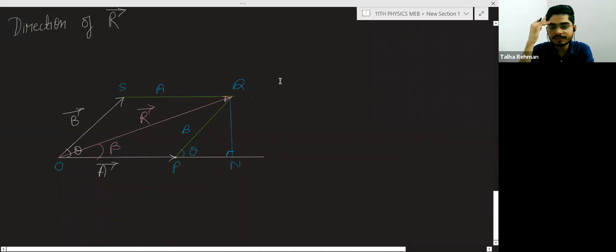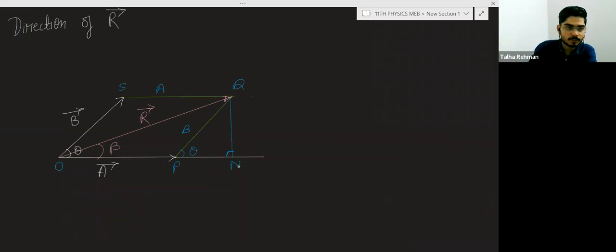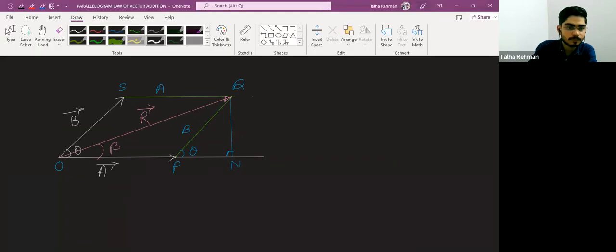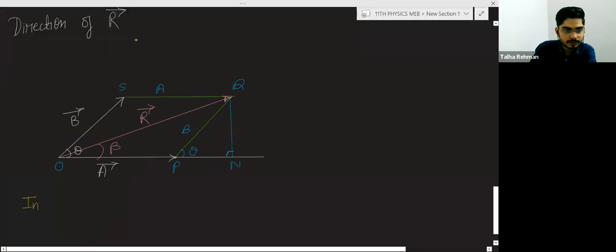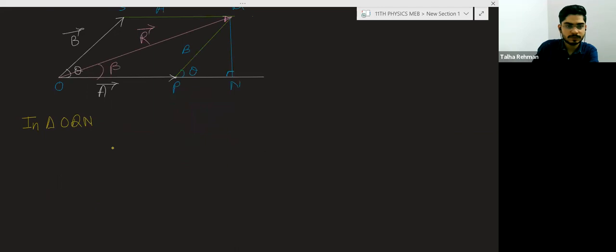So how will we find beta? See this triangle O, Q, N. In triangle O, Q, N, we can find tan of beta.